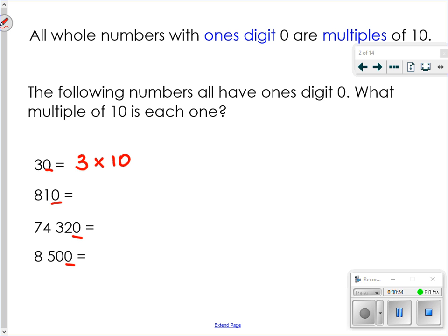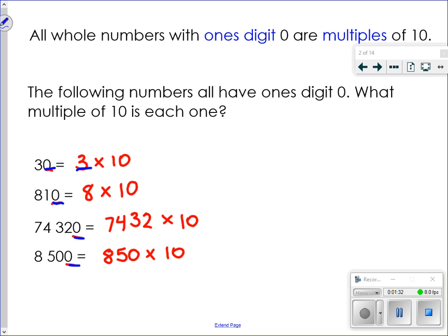So 30 is 3 groups of 10. 810 is 8 groups of 10. 74,320 is 7,432 groups of 10. 8,500 is 850 groups of 10. So each of those numbers with a ones digit 0 is a multiple of 10.